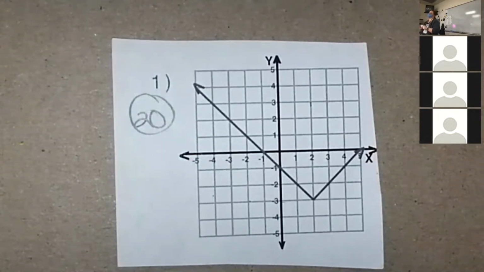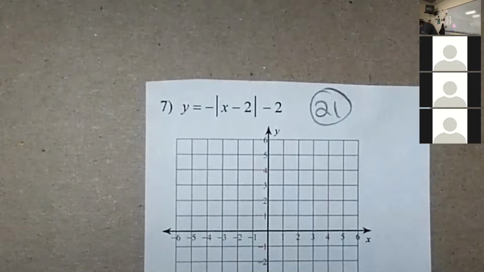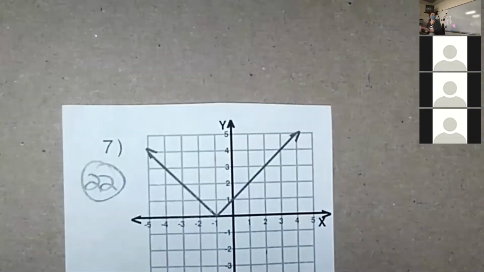Okay. I love it. Next, 21 words. 22, equation.